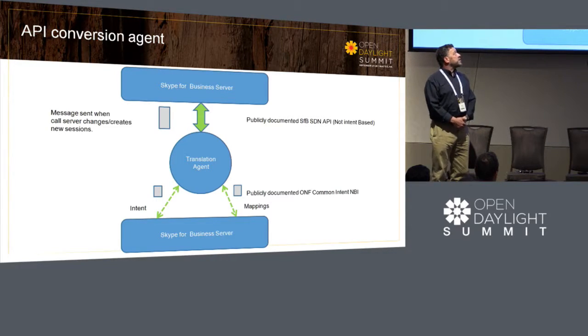Ultimately, we'd like to have the Skype server natively using the intent API, but to get a big company to make changes to a shipping product is a big deal, and we're early in the POC process right now. So this is an easy workaround, and we don't have to go through the process of getting a high priority change request through the Skype product management team.